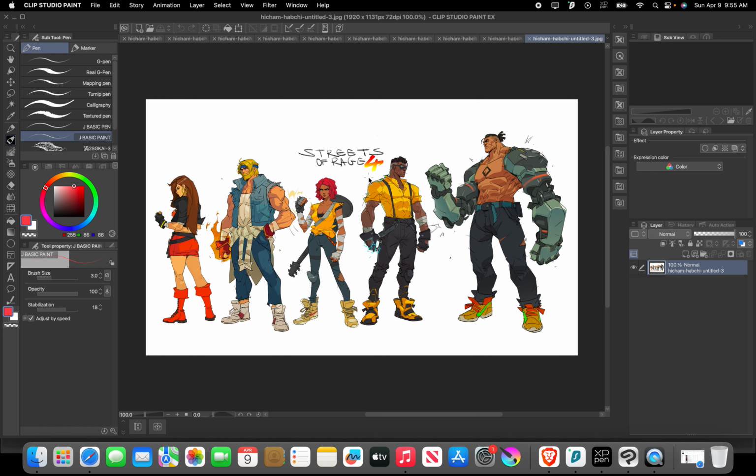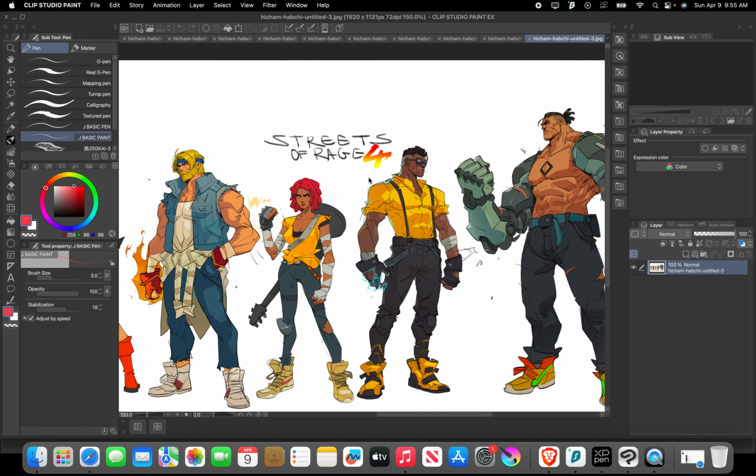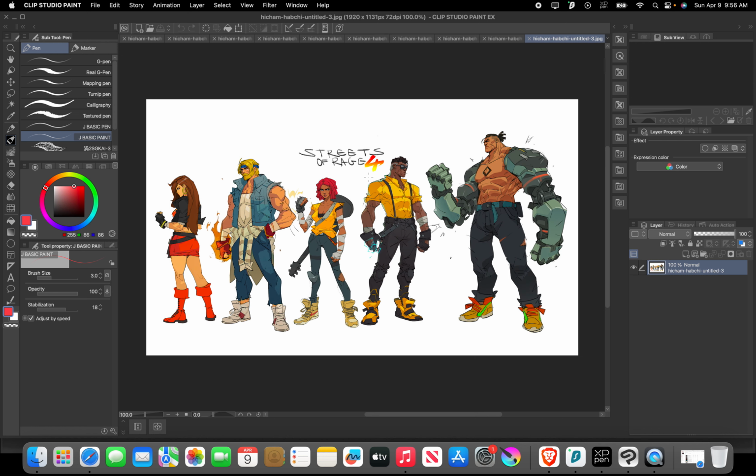And then you could say that the other two guys on the left and the two women, they also have their own role. It looks like the guy in yellow has some sort of electrical force around his hand. And then we have the other guy in blue. He has like a fireball in his hand. So they're contrasted against one another in terms of elements.